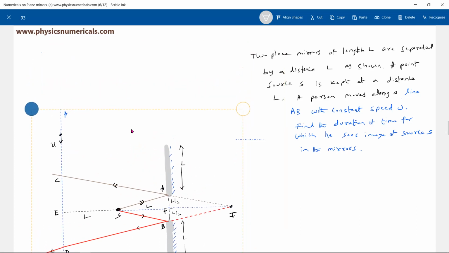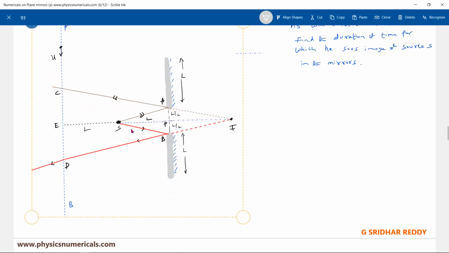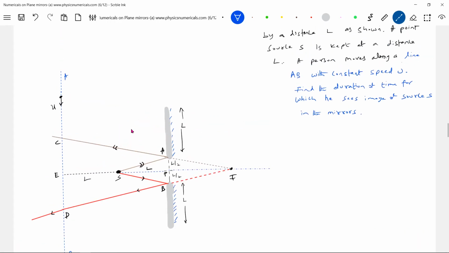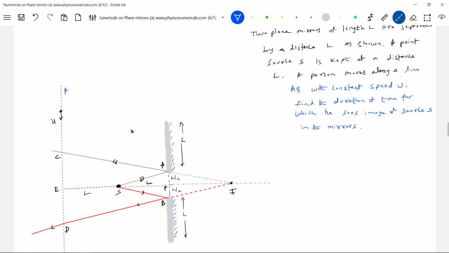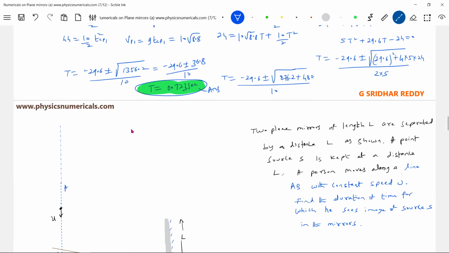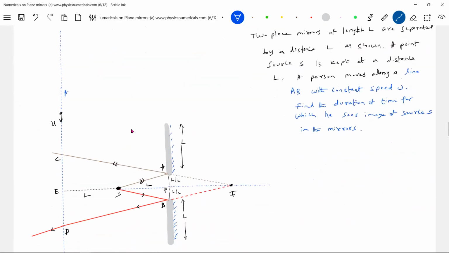I hope I can now give a better diagram. But let me draw another ray.